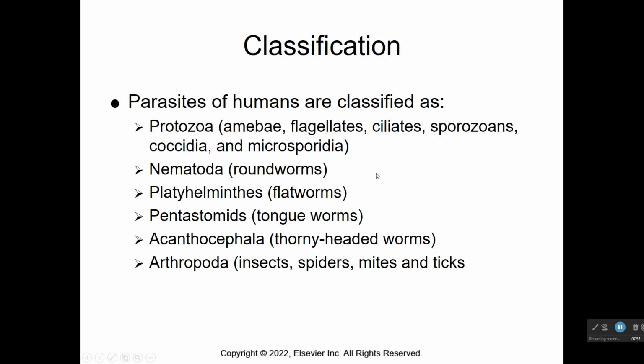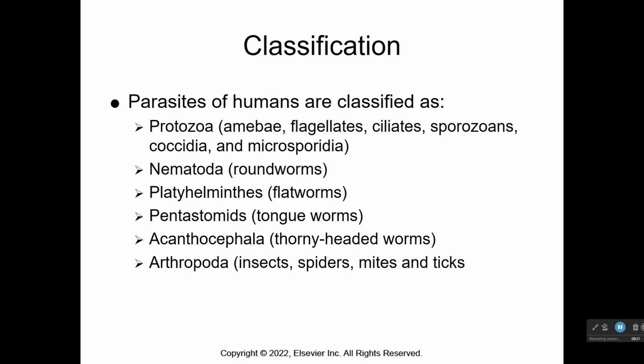So we have our protozoa, and we're about to study those: our amoeba, our flagellates, our ciliates, our sporozoans, our coccidia, and our microsporidia. Next we'll study our helminths. With our helminths we have two classifications, nematoda and platyhelminths. The nematoda are roundworms, the platyhelminths are flatworms. The platyhelminths are further subdivided, we'll see that in the next unit, into cestoda and trematoda, or cestodes and trematodes.